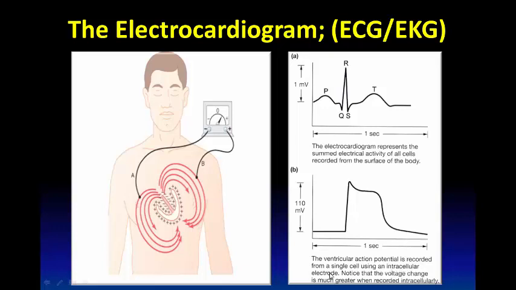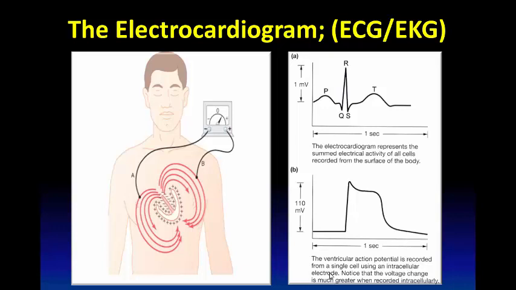So when we record the action potential of a single myocyte, we need to insert a microelectrode into the cell, and we place it very close to the inner surface of the membrane, and the other electrode is placed on the outer surface of the membrane, and the two microelectrodes are connected to a galvanometer. In this case, we record the action potential from a single cell.